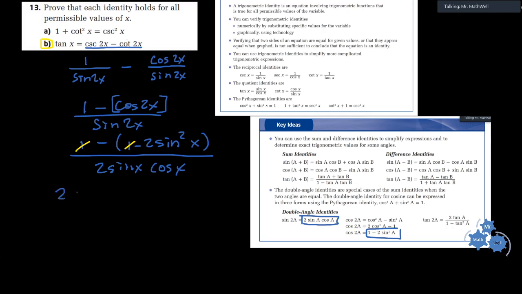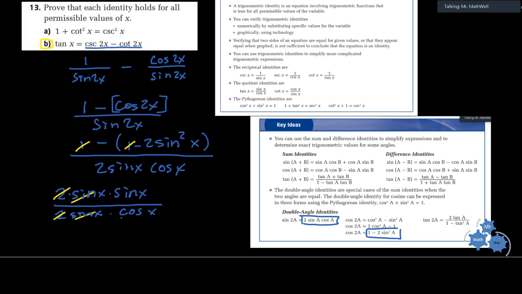So I have 2 sine, and I'm going to separate it like this. Sine squared is sine x times sine x, right? So this is what we have on the top here now. And on the bottom, I have 2 sine x times cos x. Awesome. What that means is I can divide out the 2's and I can divide out the sines.